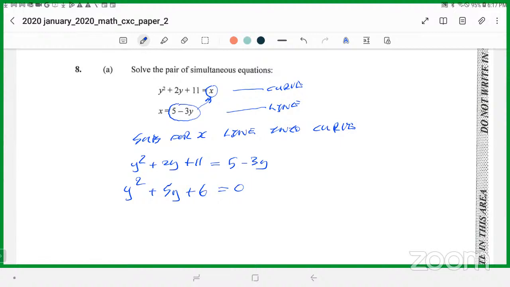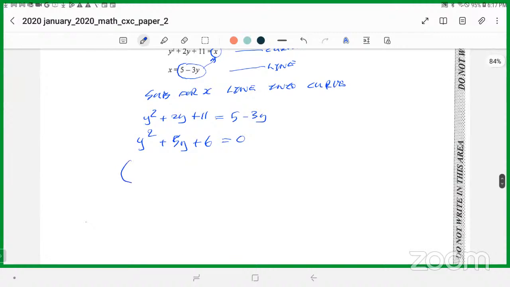This one is kind of easy to factorize because the only factors of that y squared are y and y. And so I need factors of the 6 that add to the 5. That's clearly 2 and 3. The signs are the same, this tells me that they are both positive.